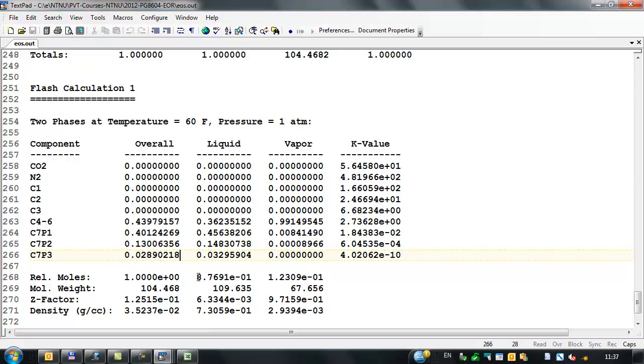And it's doing... it still seems to get two phases. That's not good. Still.